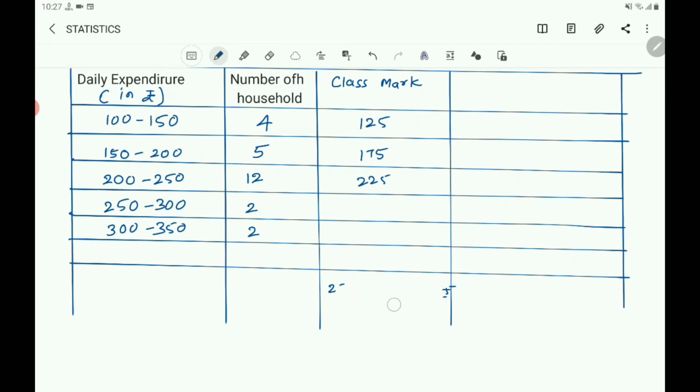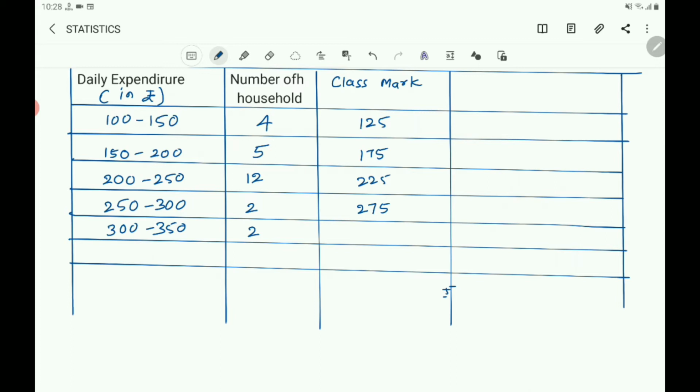Again by adding 50 to 225, you will get the class mark of the next class, 250 to 300. Also you can do 300 plus 250 by 2, that equals 550 by 2. So you will get 275. Similarly, 225 plus 50 is 275.